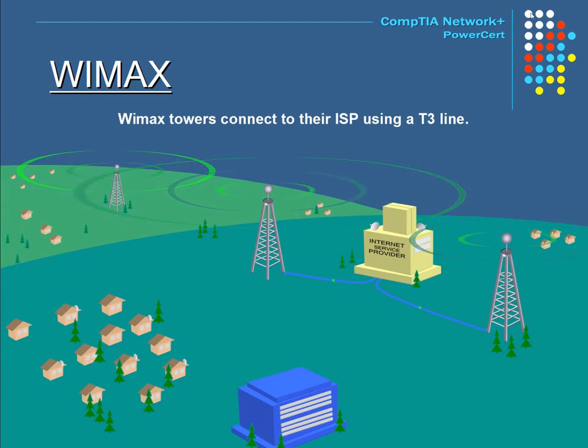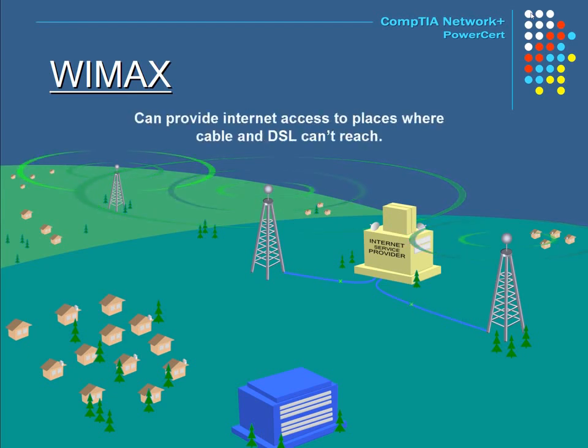Each tower covers a certain area, just like a cell phone tower does. And to pick up the transmission of these towers, you need a receiver in your home or computer to receive the signal, and once that is done, you can now access the internet. WiMAX does have the potential of replacing DSL and cable service because it can provide internet access to places where cable and DSL can't reach.